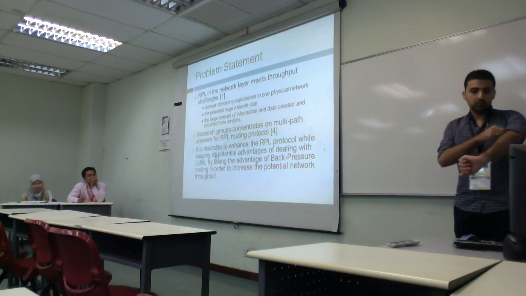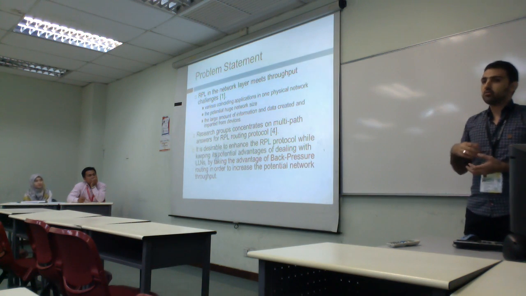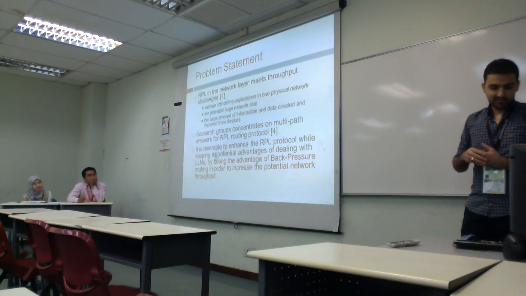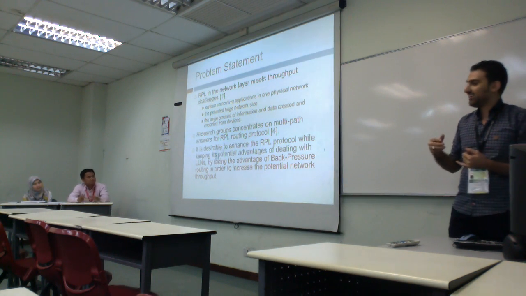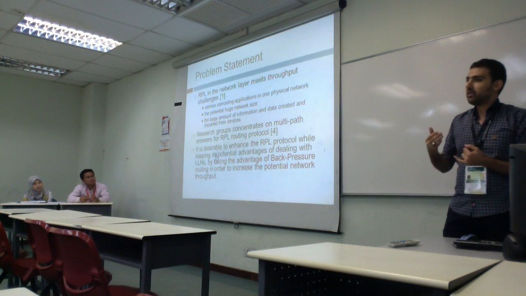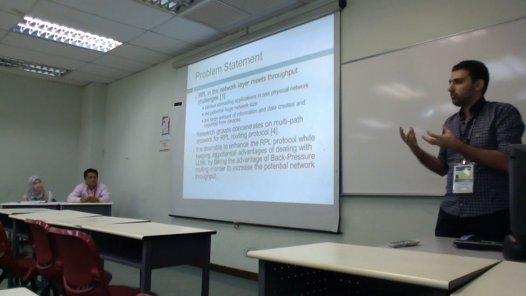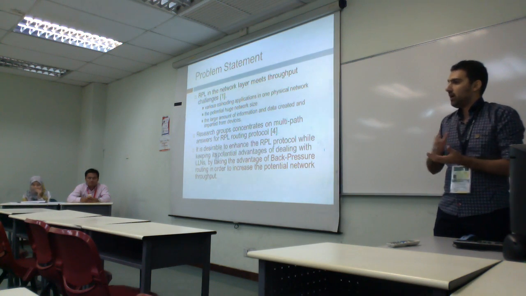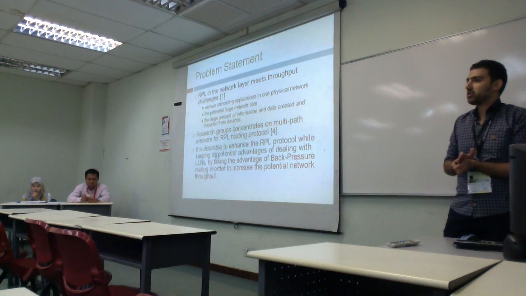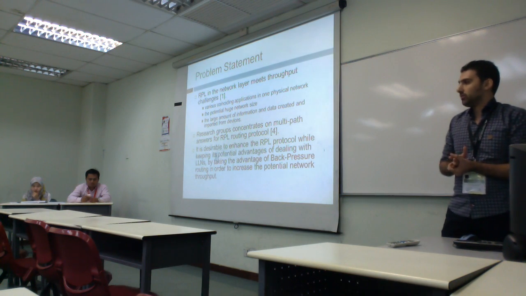So it is desirable for us to propose a new metric for RPL that will take the advantage of RPL dealing with low power and lossy networks, and at the same time take the advantage of back pressure to increase our throughput.